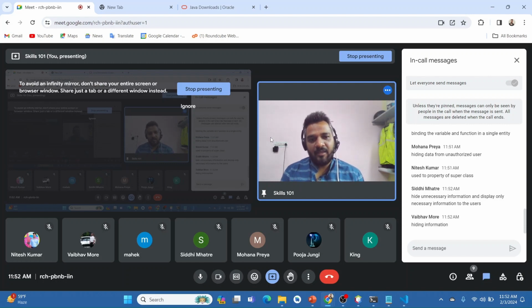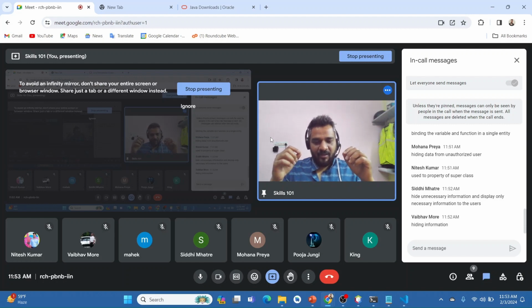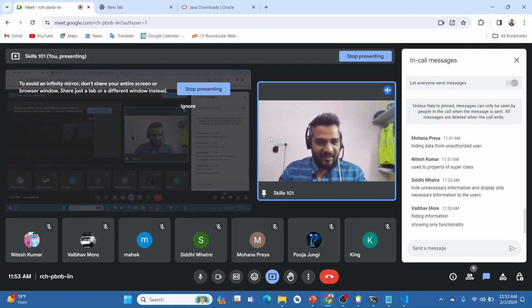If a normal customer goes to a car showroom or looks at a car, how do they look at it? They get the important information there: what is the mileage of that car, what is the top speed of that car. And if you look at the structure of a car, you will find a steering wheel, only the important functionality that a consumer or user requires.